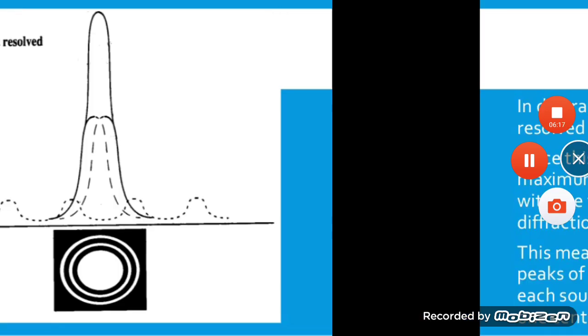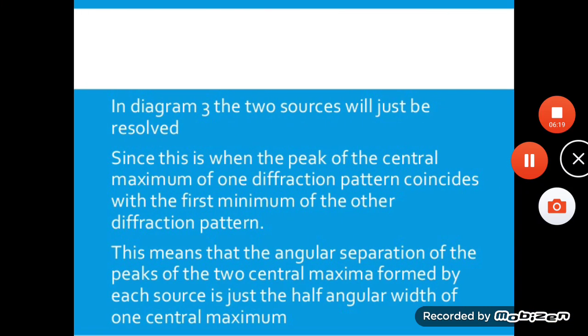In diagram 3, the two sources will just be resolved, since this is when the peak of the central maxima of one diffraction pattern coincides with the first minimum of the other diffraction pattern.